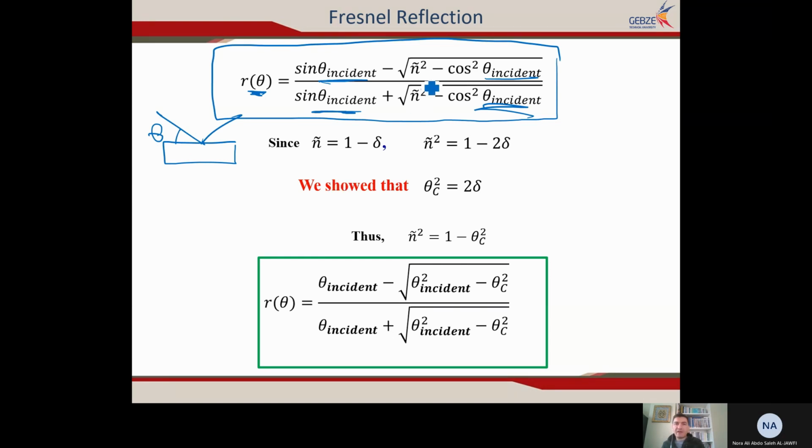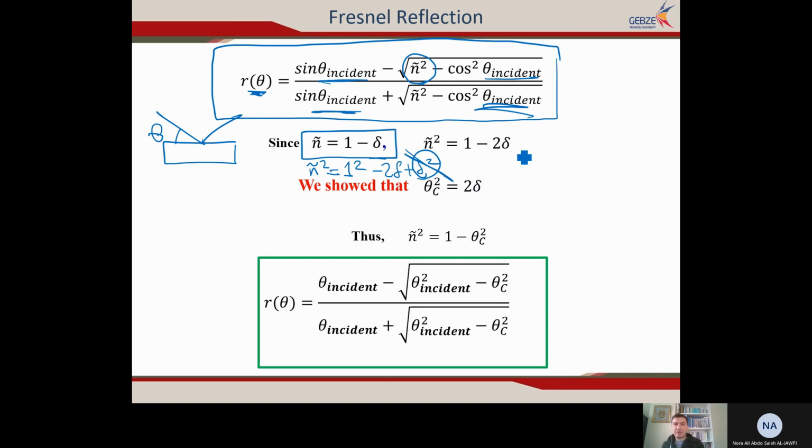So here we have n square. n is given by 1 minus delta. If you neglect the absorption and take the square of this one, you will get 1 square minus 2 delta plus delta square. But delta is a very small number, so the square of this small number is also very small.